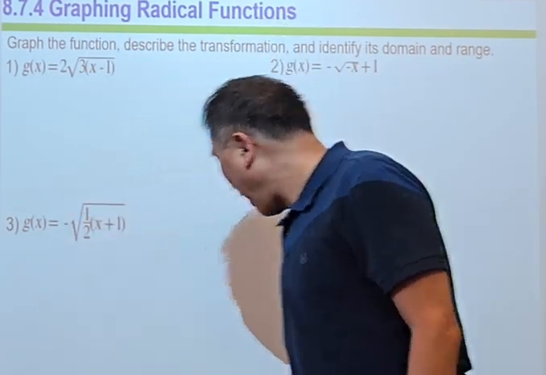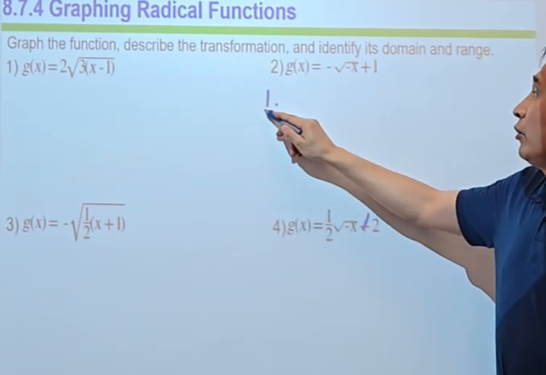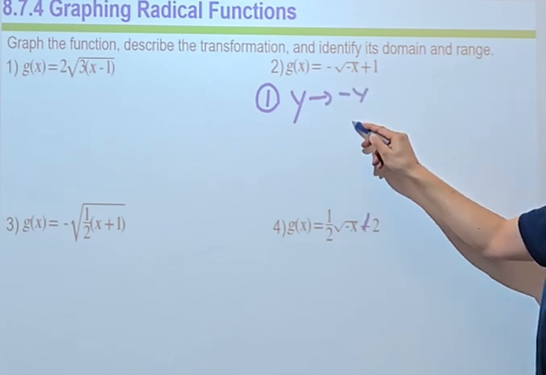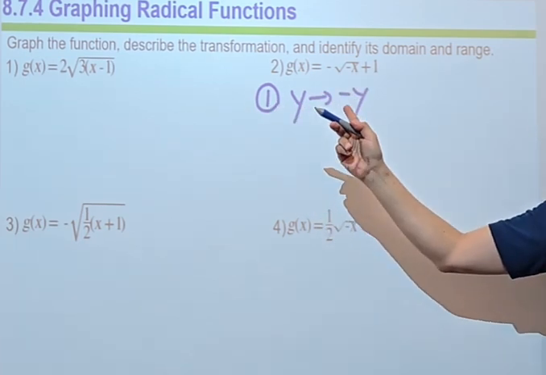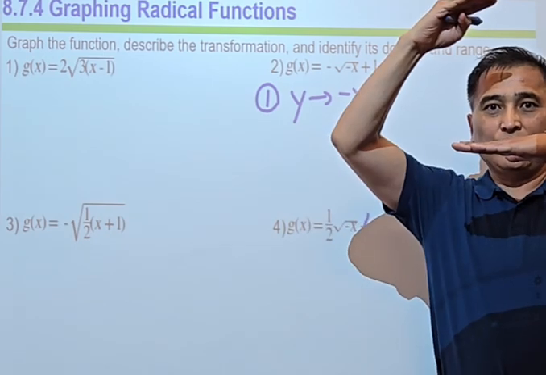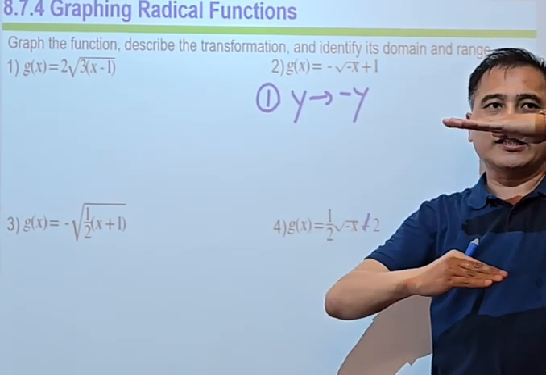Anything outside? I see an outside minus right there, right? So outside minus means y becomes minus y. Y becomes negative y, so y was here, minus y means you go down like that, right?